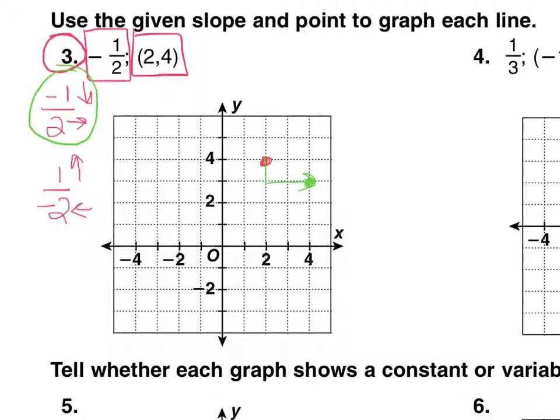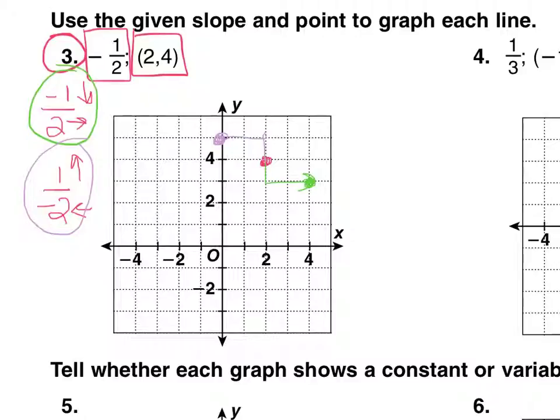Well, let's just find another point on the line. Okay, let's use our slope written with -2 in the denominator. I'm going to go back here to my original point, and this time I'm going to go up 1 and to the left 2, and I'm going to have another point there. So now I have 2 points on my line.